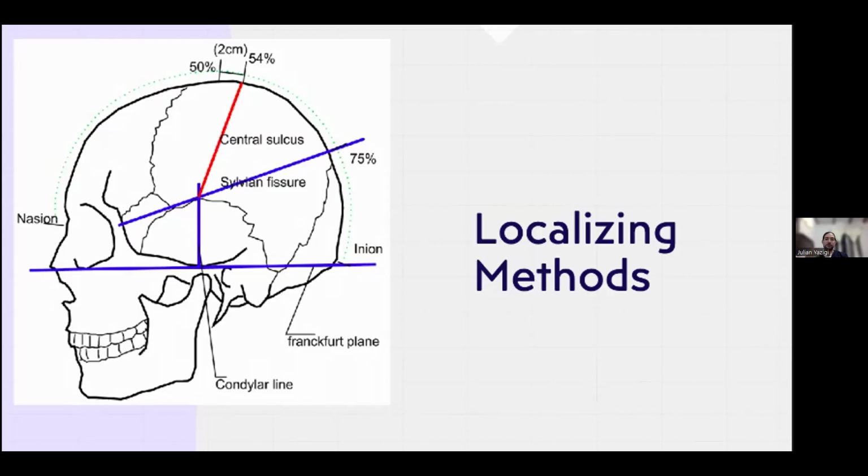The line is drawn from the nasion anteriorly to the inion posteriorly and represents the true cranial midline and approximates the course of the superior sagittal sinus. So this serves as the principal longitudinal axis from which our other measurements are going to be derived. And the midpoint of this line is particularly important as it forms the reference for projecting the central sulcus.